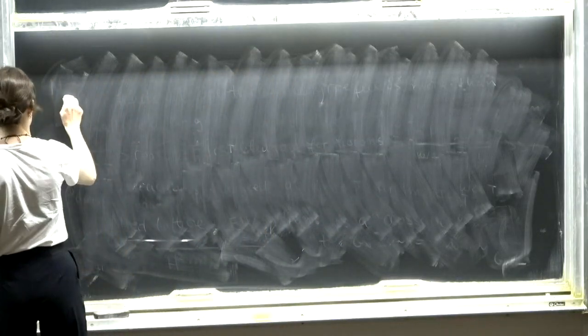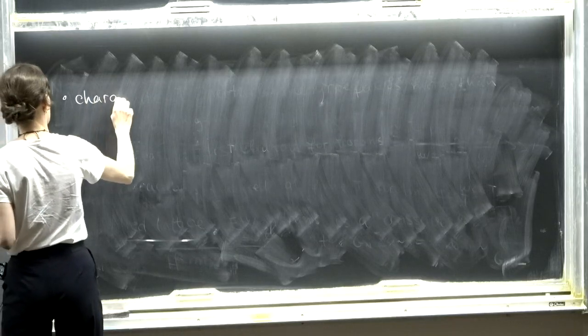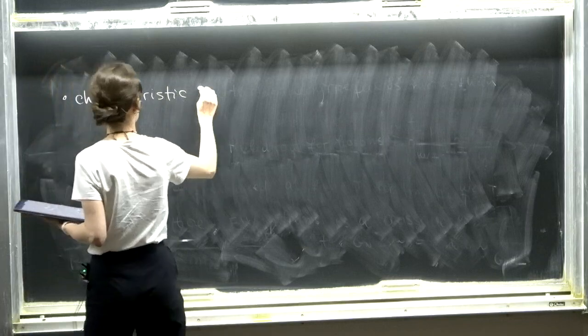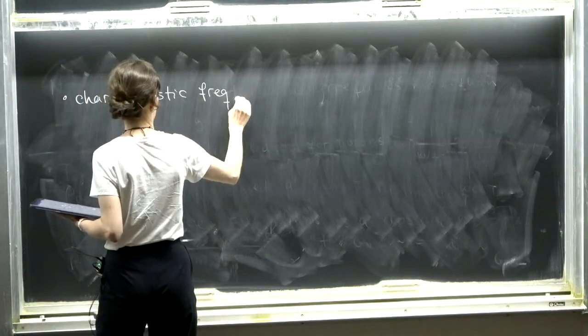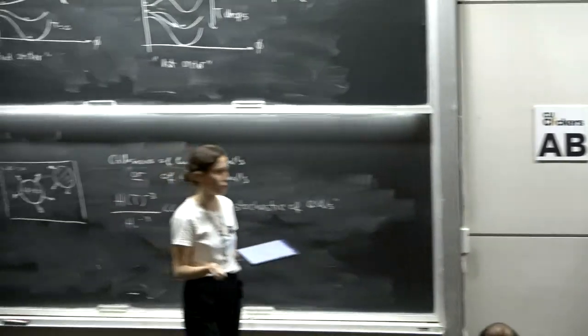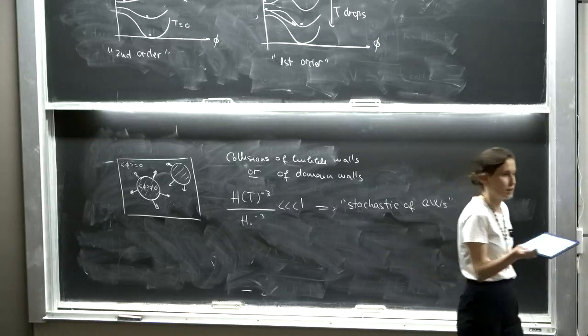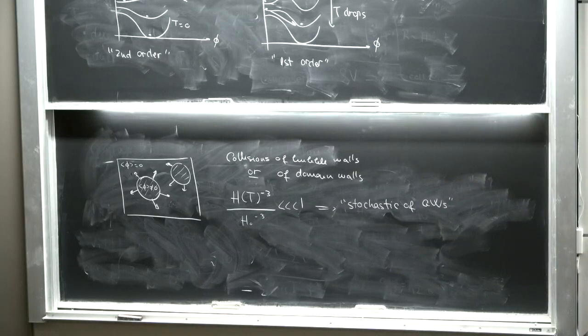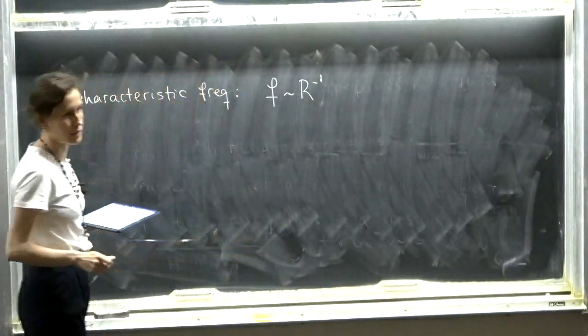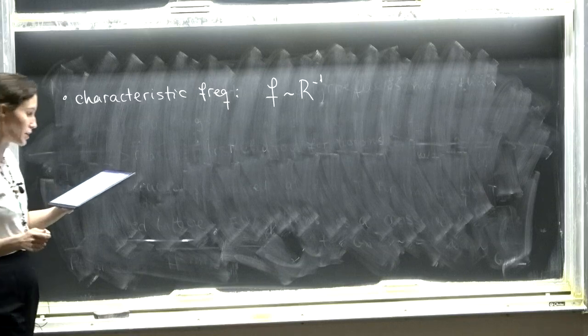So the characteristic frequency. At the time this process is taking place, both in this case and for the domain walls, there is actually only one length scale that is relevant, which is the curvature radius of these guys at the time this is happening. Okay.